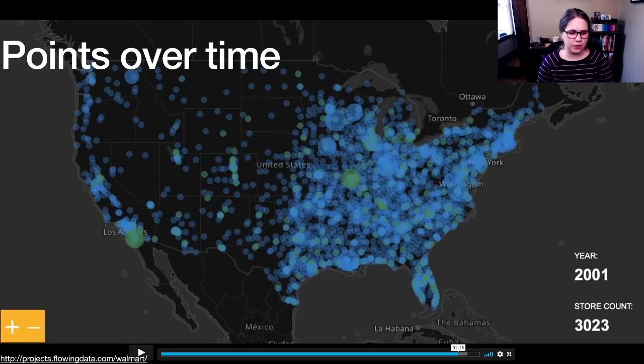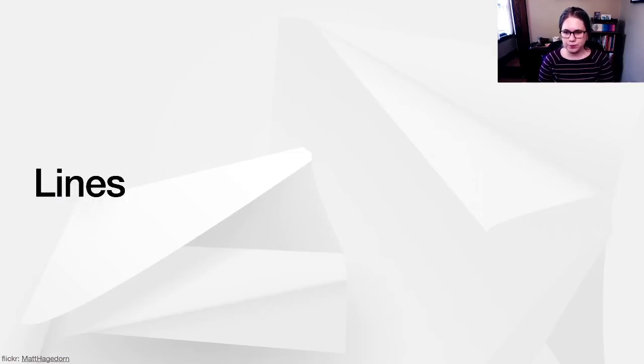And we've talked about this project by Nathan Yau before, where the dots represent Walmart locations and the colors are whether it's Walmart or Sam's Club. The size of the dots is just showing you the ones that are appearing at the moment, and then they're all the same size. So that's letting you see the points over time as well.